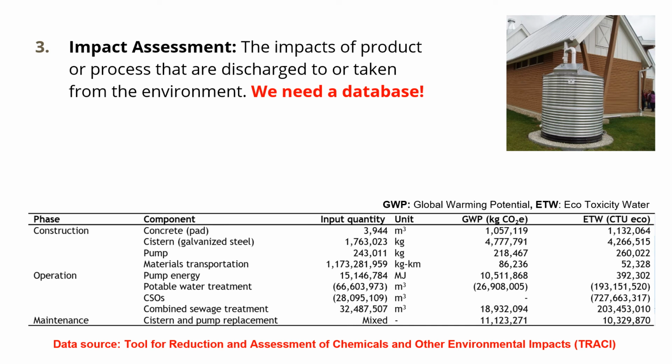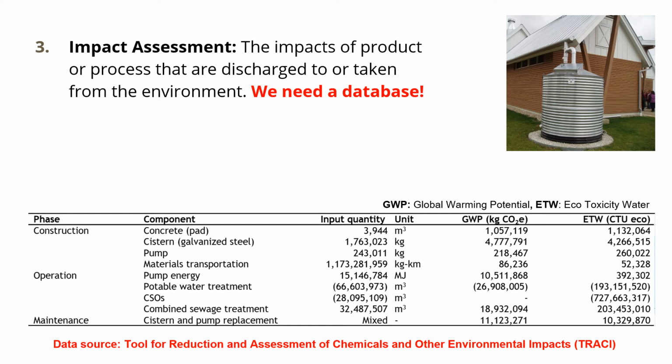So now for the third part, we're doing impact assessment. These are the impacts of a product or process that are discharged to or taken from the environment. For this part, you're going to need a database, which is provided below. This database was from Tracy, which is an environmental impact assessment tool. It provides characterization factors for life cycle impact assessment. It can be applied to processes, products, facilities, companies, and communities.